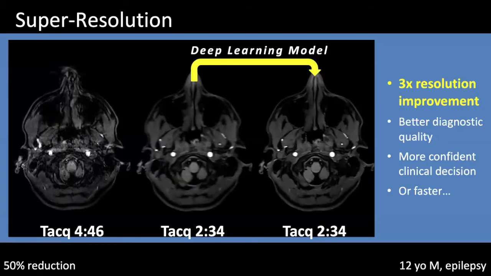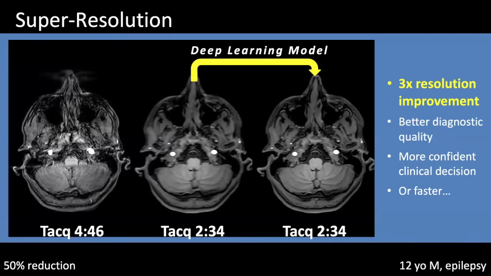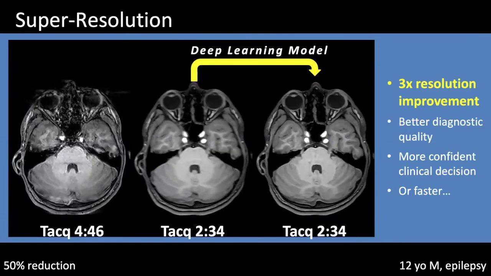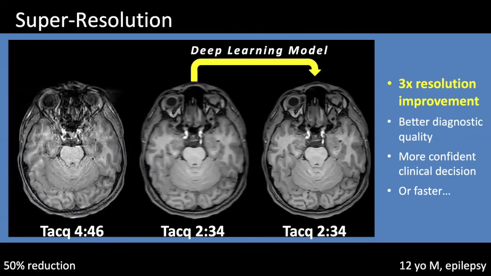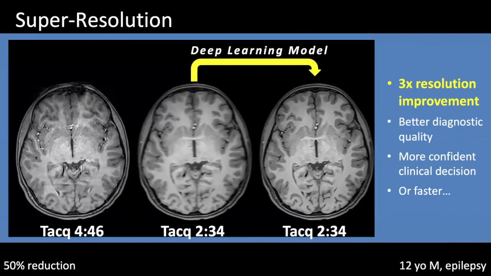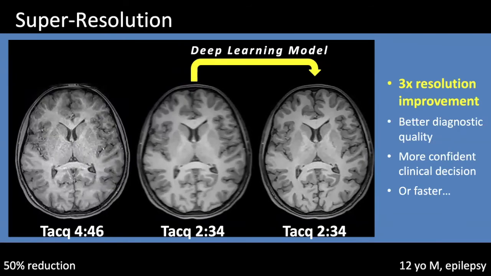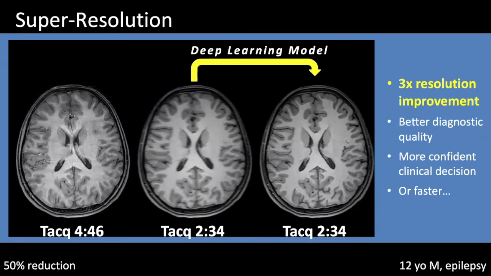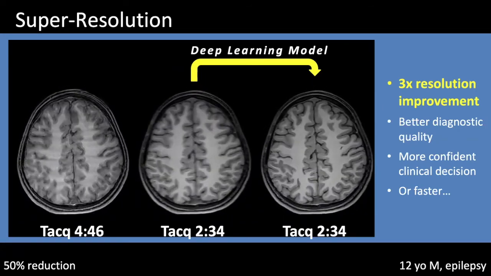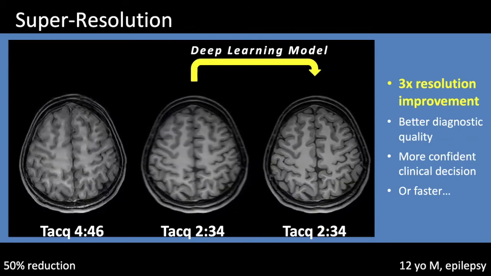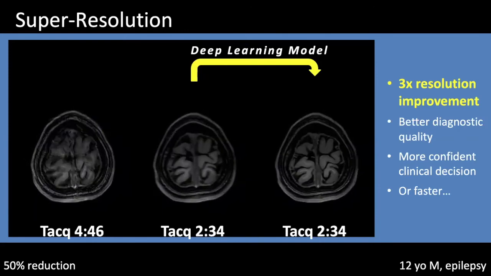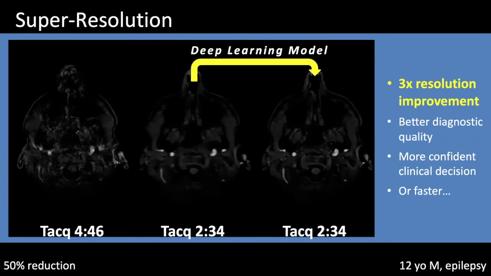I also mentioned that, besides denoising, you can think of super resolution. And this is just an example in a 12-year-old with epilepsy. And in this case, the high quality image is on the far left, but you could see the patient couldn't tolerate it. They actually started moving, and you can see the artifacts that are there. But if you have the shorter scan in the middle, which is acquired in about half the time, you can actually learn with many, many pairs of high resolution and low resolution images how to efficiently denoise or super resolve these images.